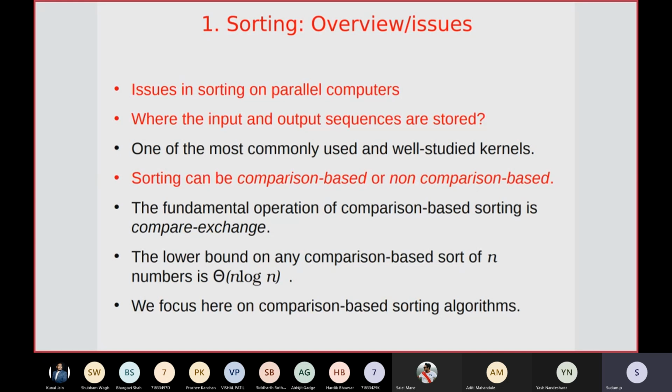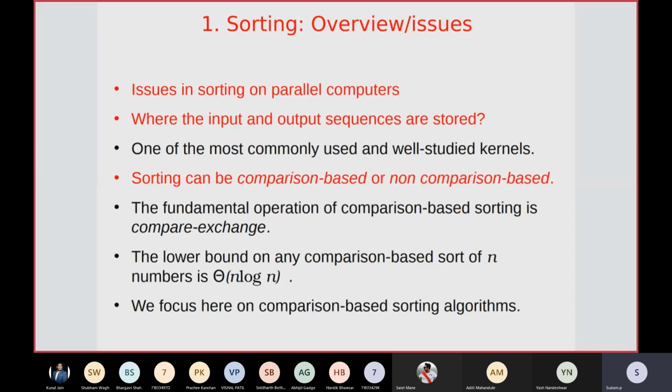There may be millions or billions of records. The question in your mind is how such sequences will be sorted. That will not happen on a single processor or single machine, so you have to use a parallel algorithm.